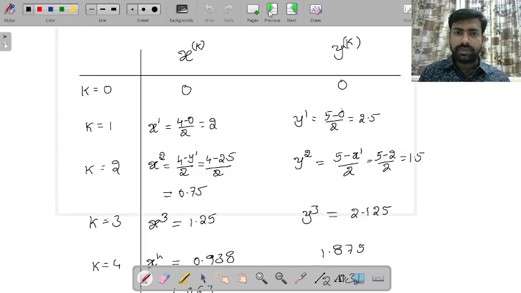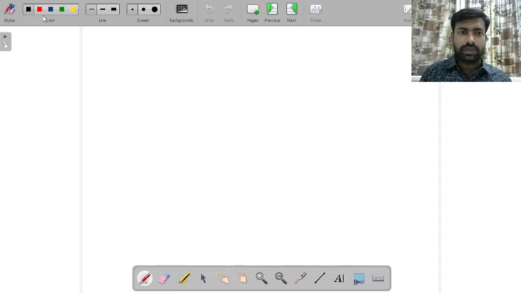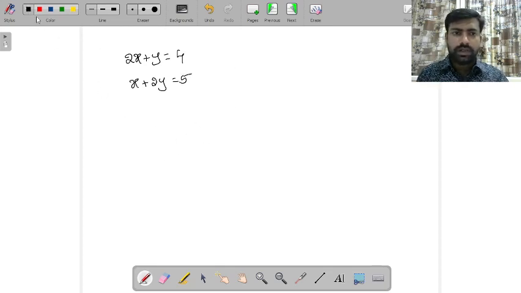Let me solve the previous problem itself. That is 2x plus y equal to 4 and x plus 2y equal to 5. Now this is the method we would like to apply, the Gauss-Seidel method.